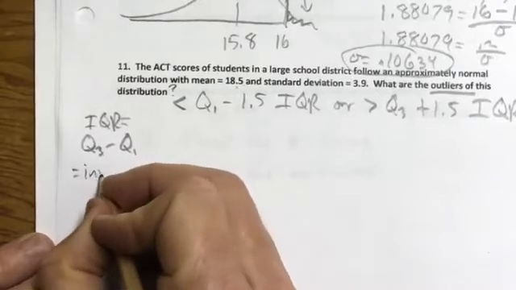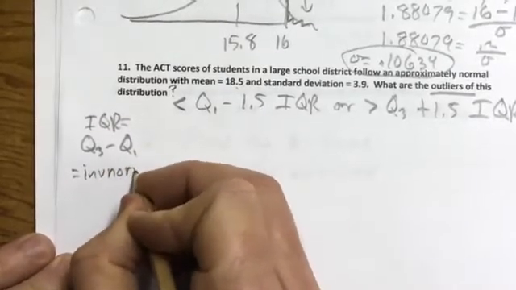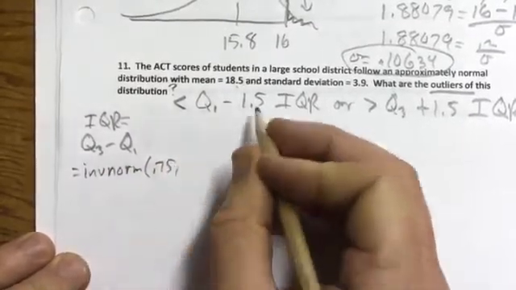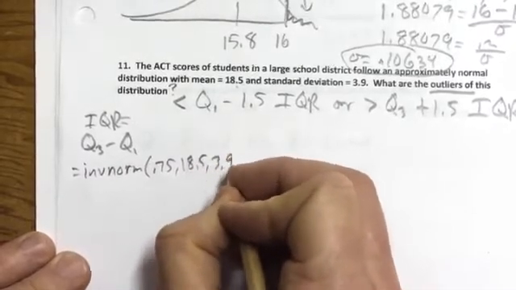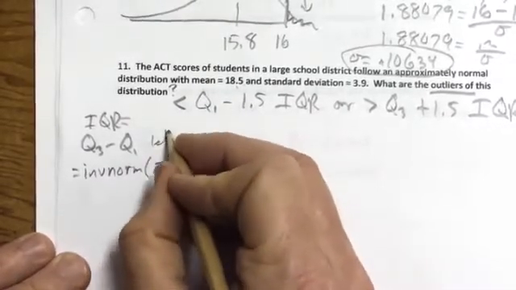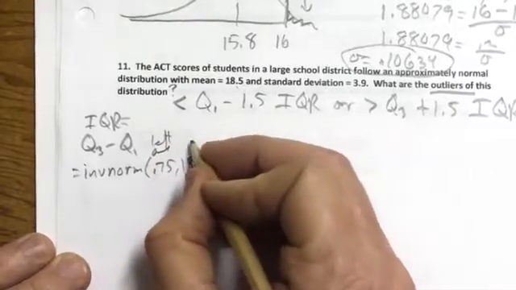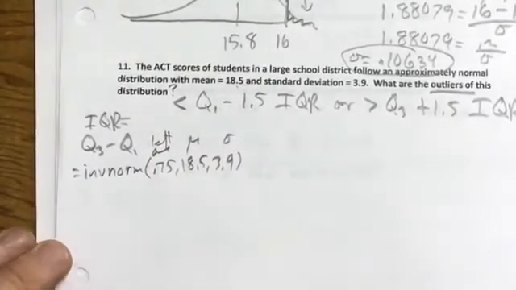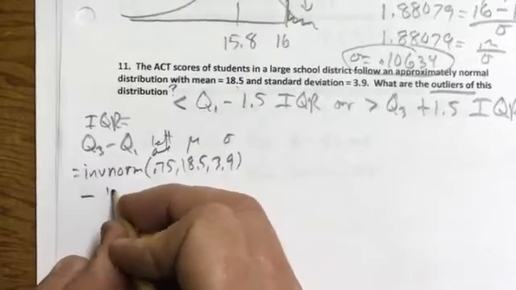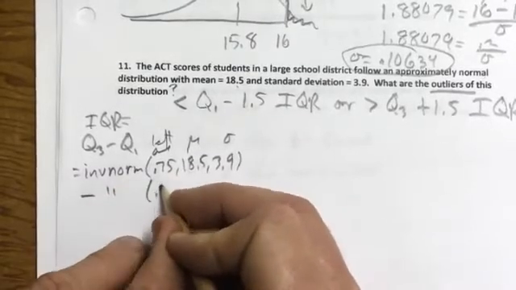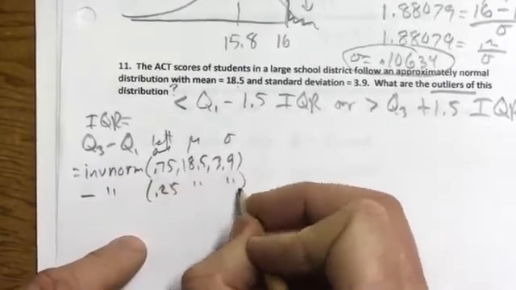The way you can find that in a normal curve is inverse norm of 0.75, in this case mean of 18.5, standard deviation of 3.9. Please always label these so you'll get full credit: left area, mu and sigma. Then minus Q1, which is inverse norm of 0.25, same mean, same standard deviation.